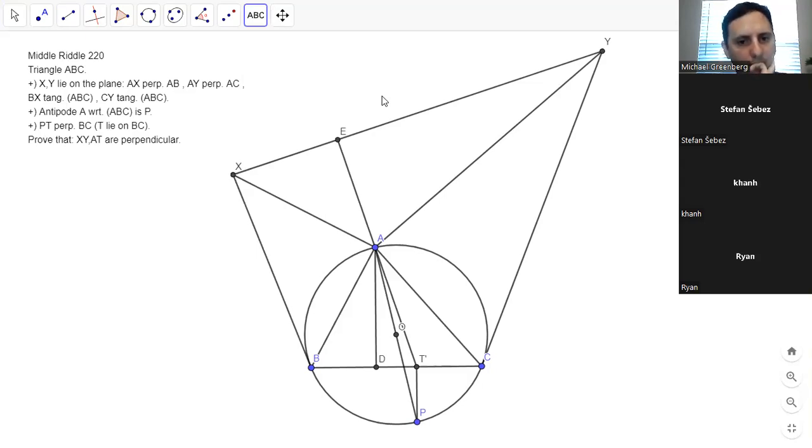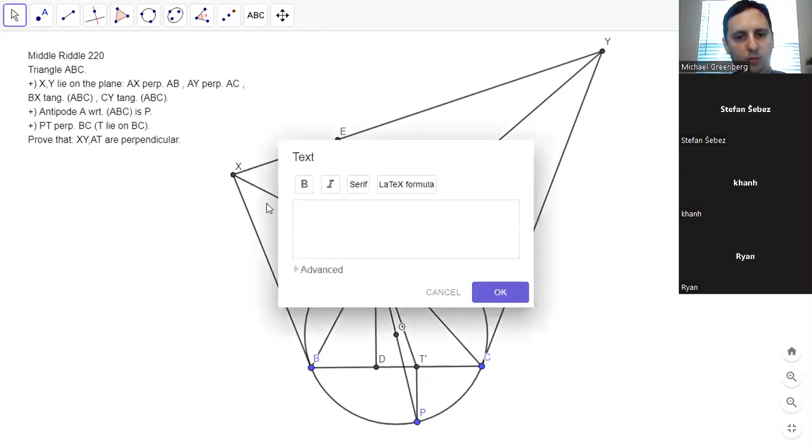My point here is to calculate T prime B over T prime C, because if I can calculate that ratio, then I can prove that T prime is the same as T.